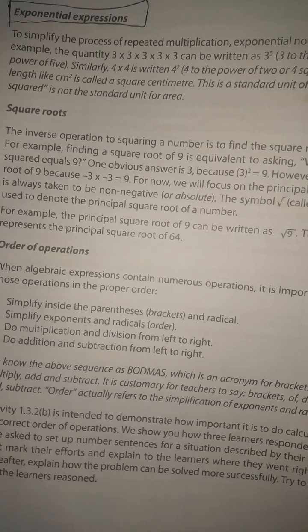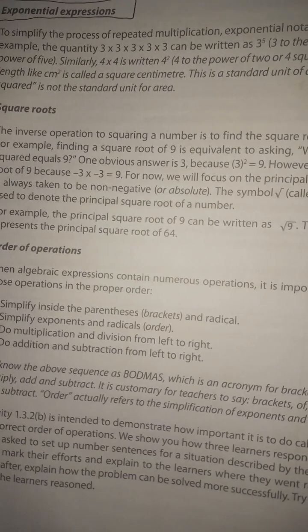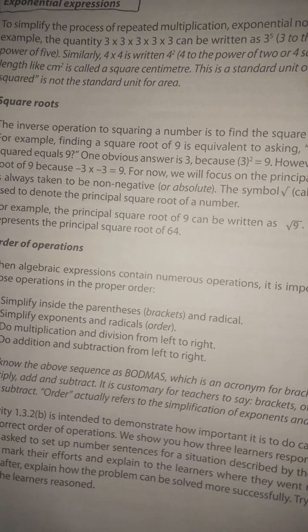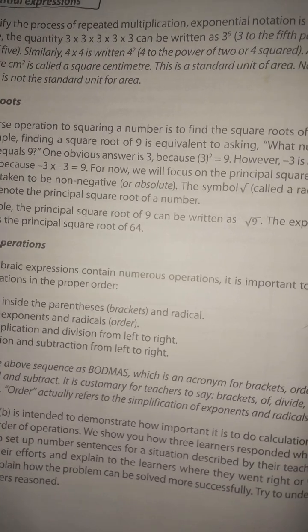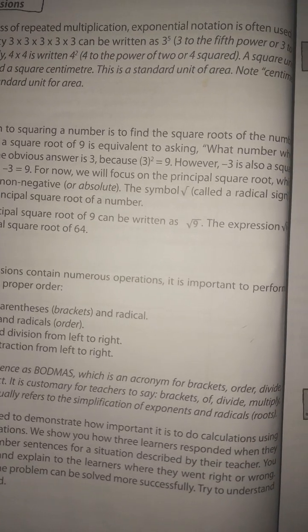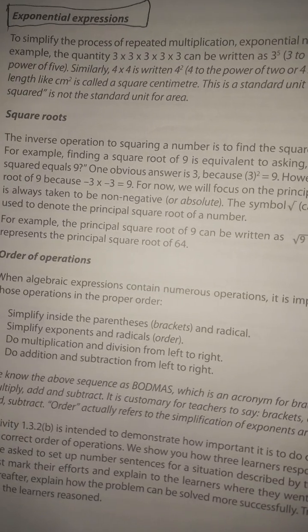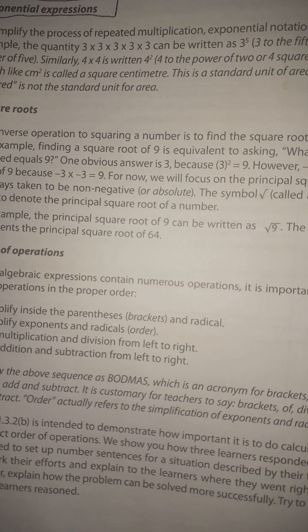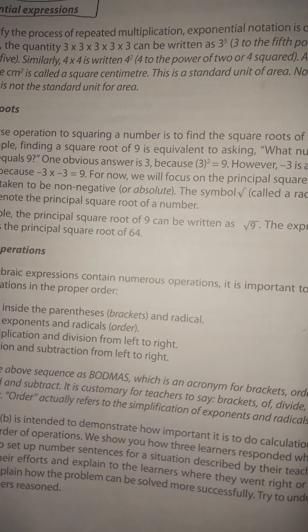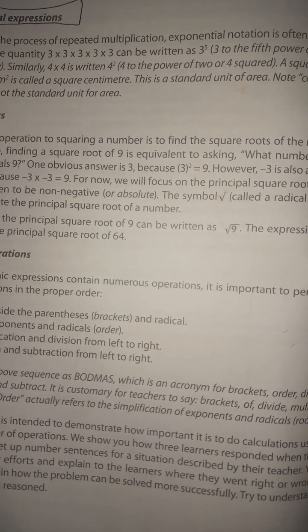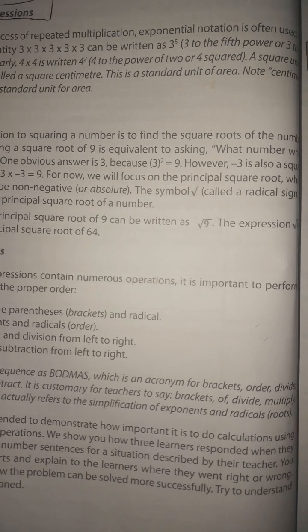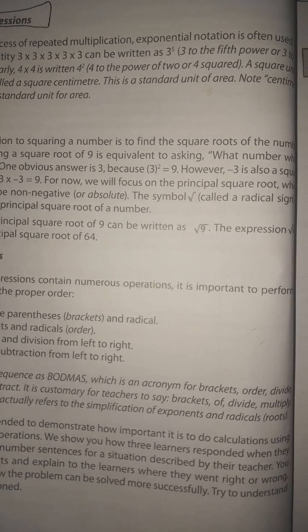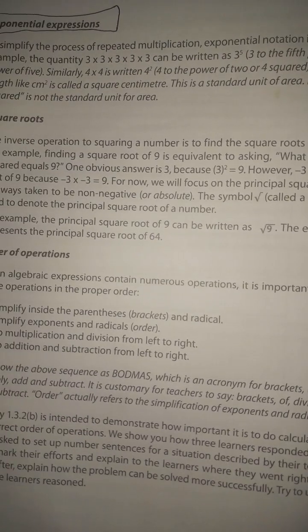So, exponential expression: to simplify the process of repeated multiplication, exponential notation is often used. For example, the quantity 3 times 3 times 3 times 3 times 3 can be written as 3 to the power of 5. So this is what we call an exponent, where 3 is a base and 5 is a power.